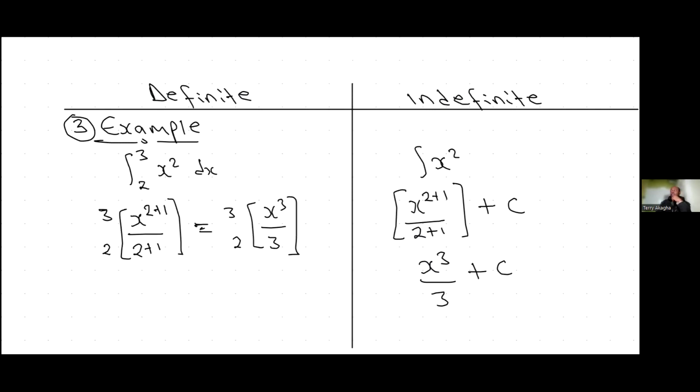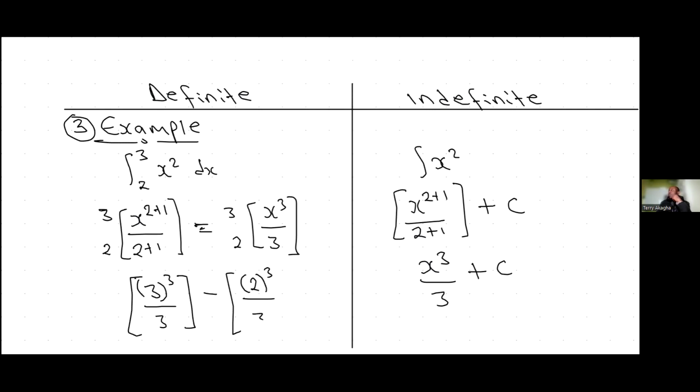So you're going to put 3 anywhere you see x. It's going to become 3 cubed divided by 3 minus, for the lower limit, you put a 2 there, 2 cubed divided by 3.